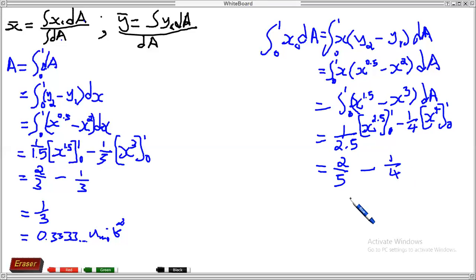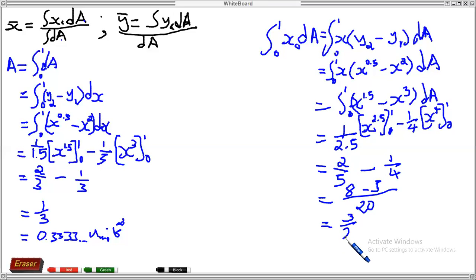Okay, so you can actually just do this over, let's say 20, just to find the difference. 5 goes here, 4 times 2, you have 8 here. 4 goes here, 5 times 1 is 5. 8 minus 5 is 3 over 20.